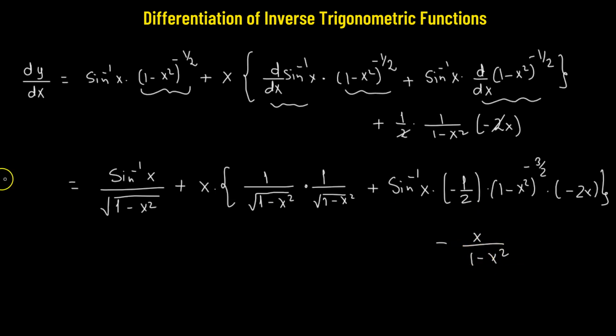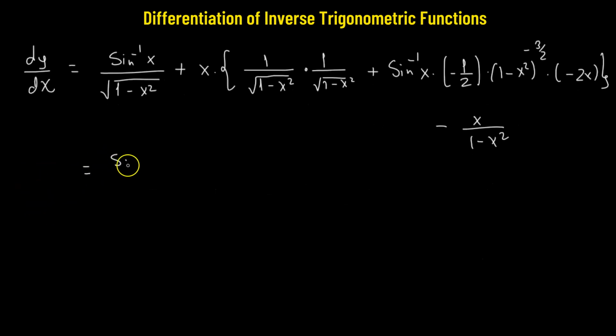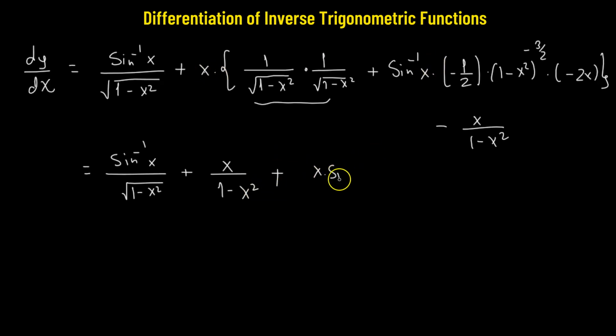Right, so this is dy over dx. We have sine inverse of x divided by square root of 1 minus x squared, plus 1 over 1 minus x squared multiplied by x, so this will become x divided by 1 minus x squared, plus x times sine inverse of x.